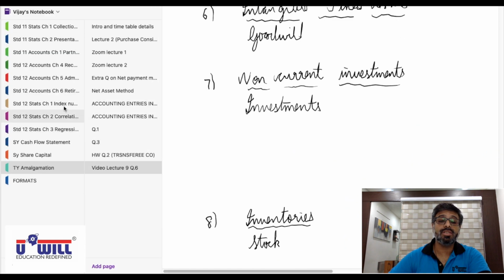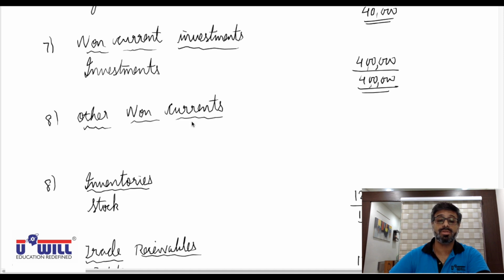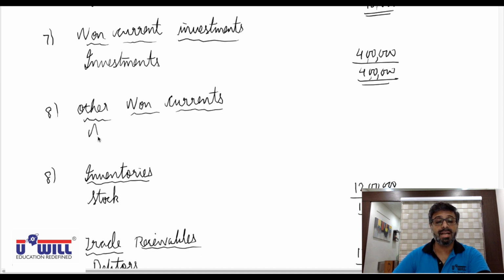So in this question, this amalgamation adjustment will come as note number 8 in other non-current assets. If you have already written it, then you can write this other non-current assets note at the end and just change the number of other notes. So this will come as amalgamation adjustment account.